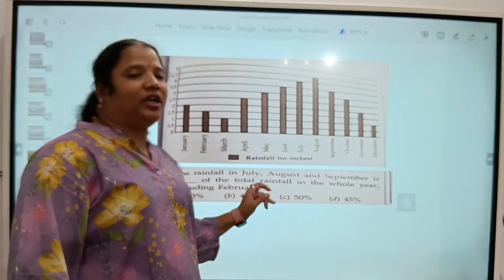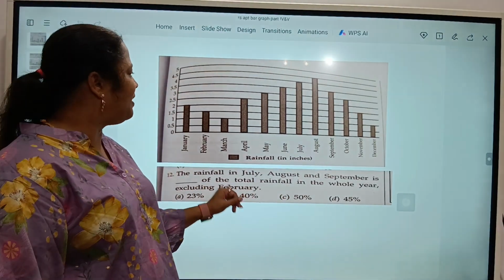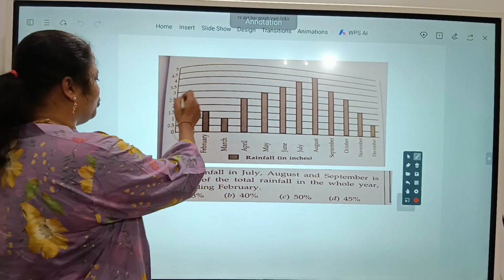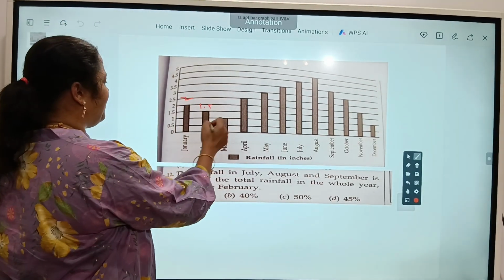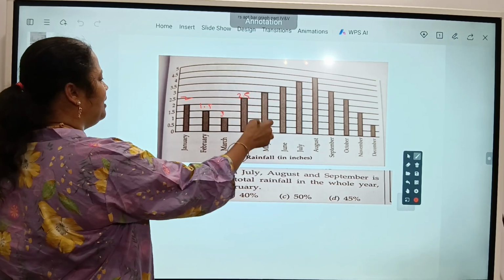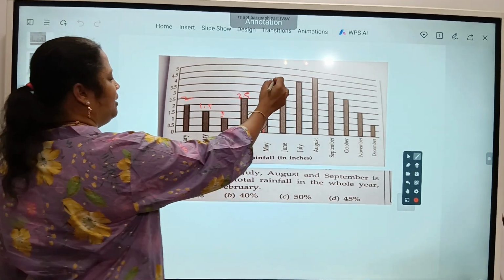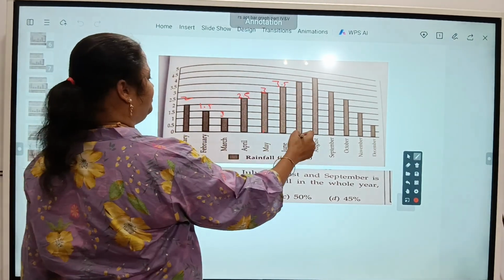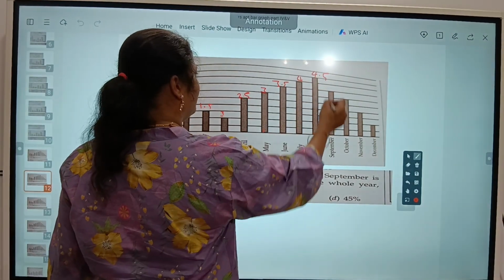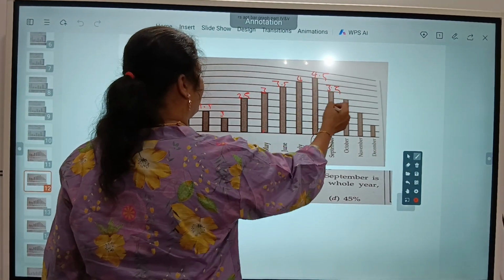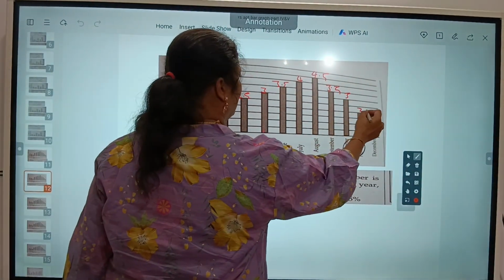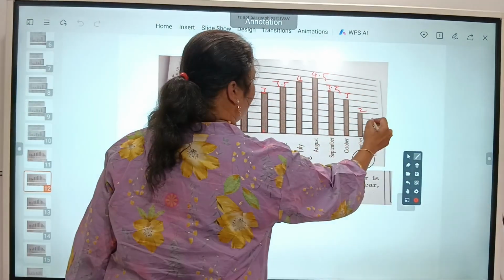Here the question is the rainfall in July, August, September is dash of total rainfall in whole year excluding February. So excluding February we have to add up all the values here. January 2, March 1, April 2.5, May 3, June 3.5, July 4, August 4.5, September 3.5, October 3, November 2 and December 1.